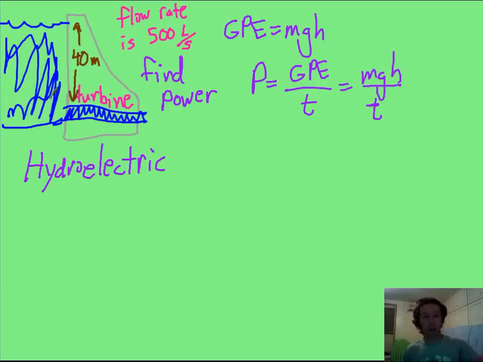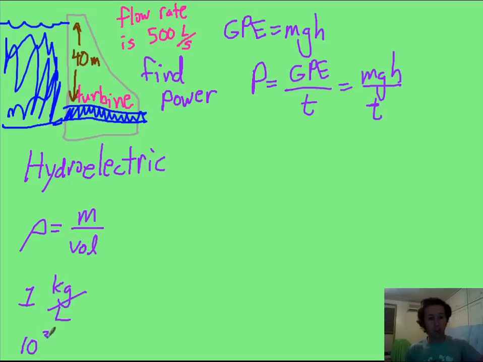Now you may think, how am I going to know a mass of water when I'm usually given things like volume? Well, you should know that density is equal to mass over volume, and the density of water, there's a couple different ones that you can choose from. You can say that it is 1 kilogram per liter, or it's 1,000 kilograms per cubic meter.